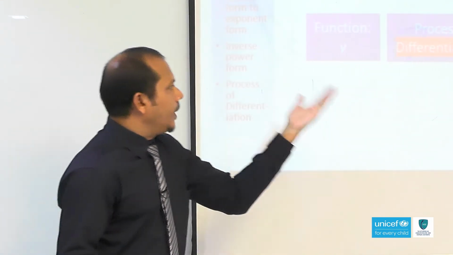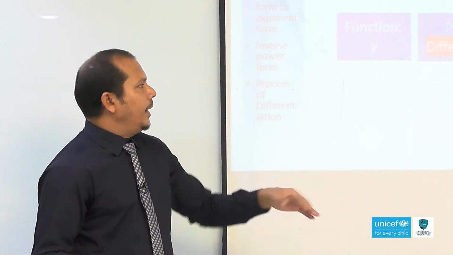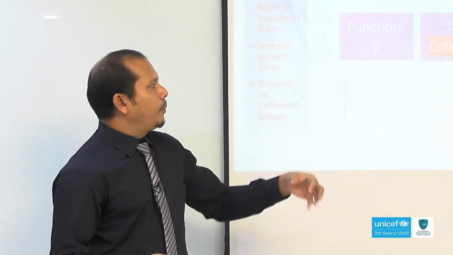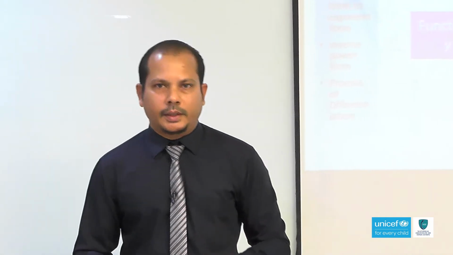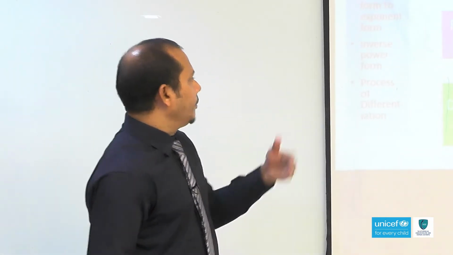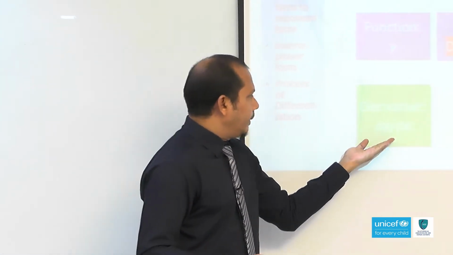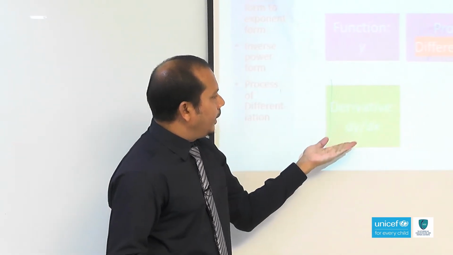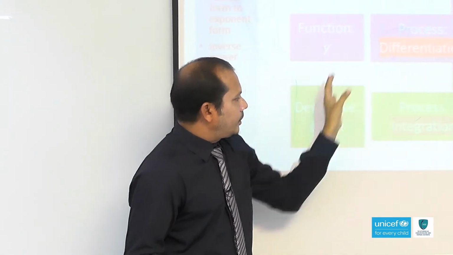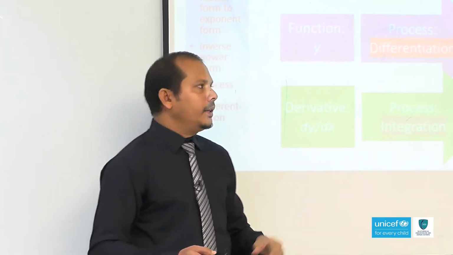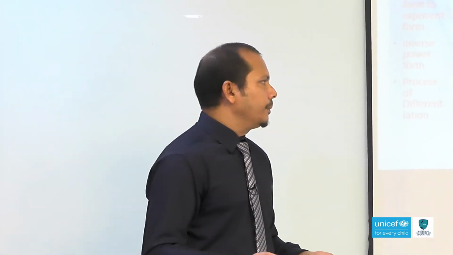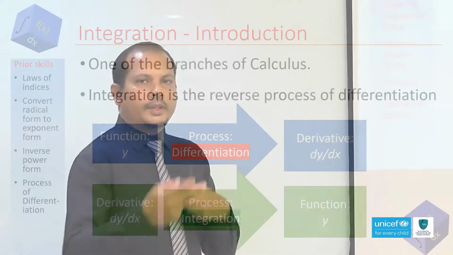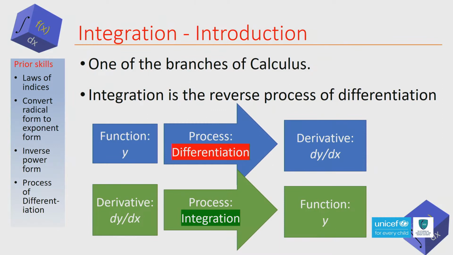Then some process is done, which produces y, and that process is called integration. So integration takes up a derivative function, does some process, and produces a product, which this time is the original function. It has reversed the process of differentiation.